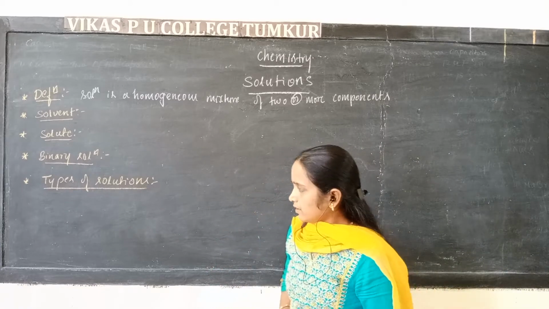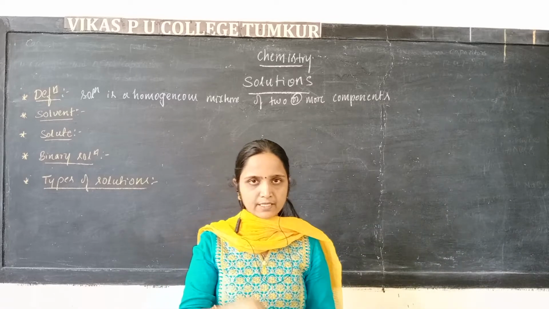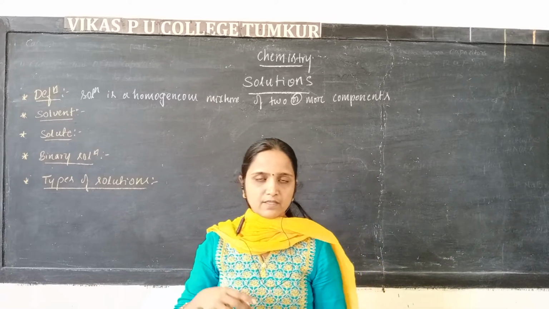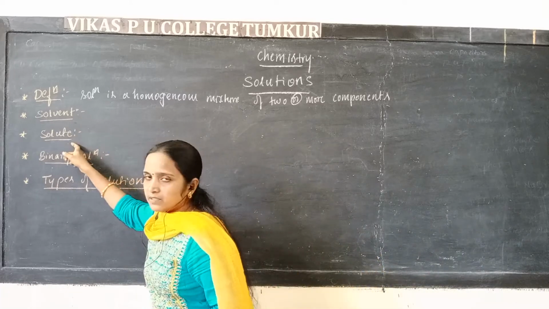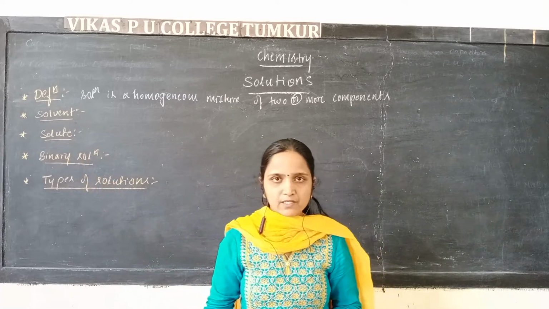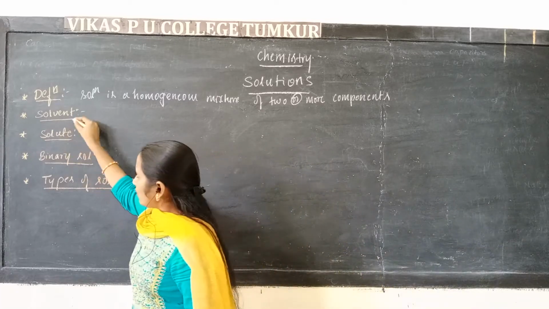Now I said that the sugar is dissolved in the water. Here the water we call the solvent, and the sugar we call the solute. Then what is meant by solvent?